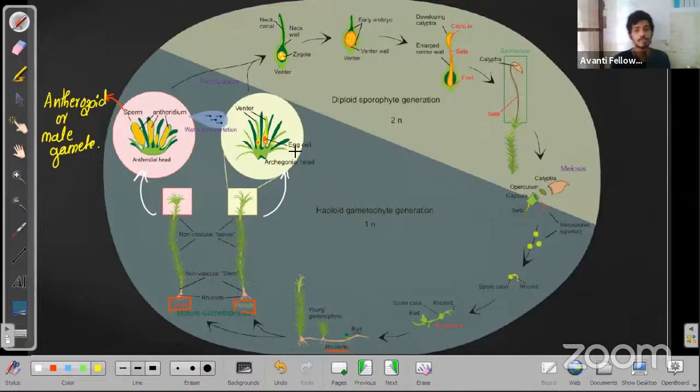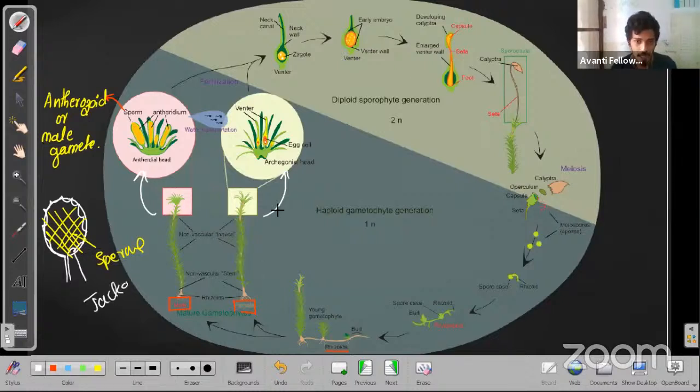So if you want to see that structure in detail, I'm writing it here. Antheridia will be somewhat like this, and inside it contains all our sperm cells. I'm labeling them sperms, and outside will be the jacket.